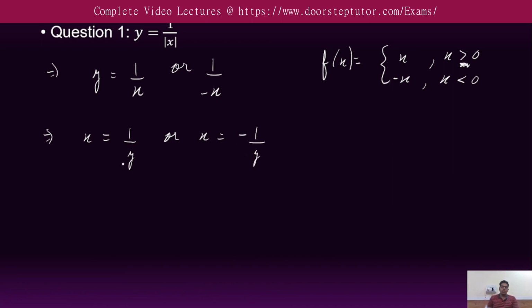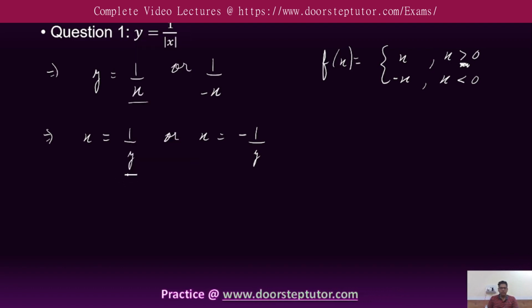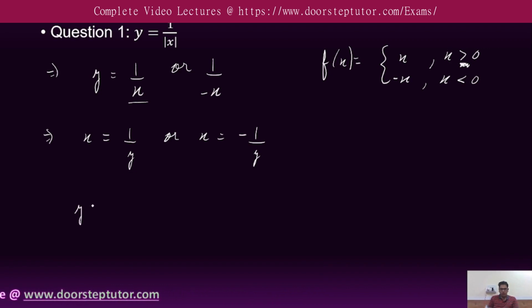So in this case, if x is positive, what will be the value of y? It will be positive, so here the value of y would be more than 0. Now if the value of x is negative, what will be the value of y?